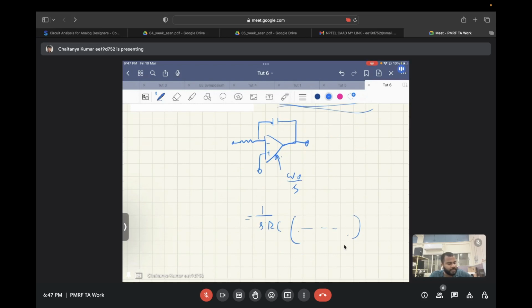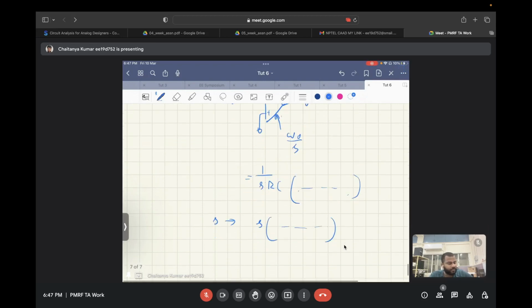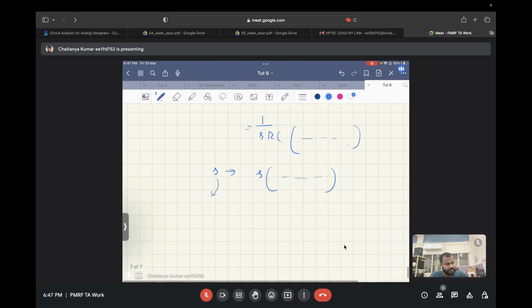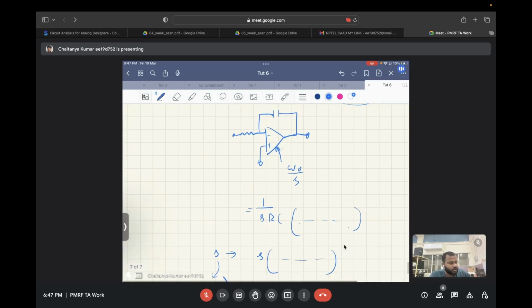With that, we said that we will replace S by S into this additional function, correct? Then we said that the imaginary axis shifts, and from there we calculated the enhanced quality factors, correct? Yes, sir. So you can go there and revise. This was the complete process.